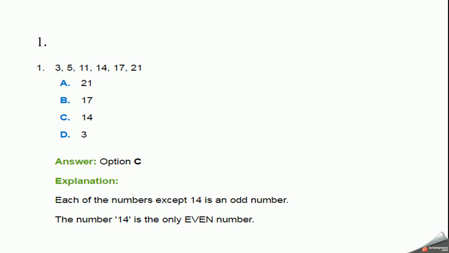When we are trying to solve an odd man out problem, we have to find an odd number, meaning the different number from the overall series. In the series 3, 5, 11, 14, 17 and 21, the numbers 3, 5, 11, 17 and 21 are odd, but 14 is an even number.